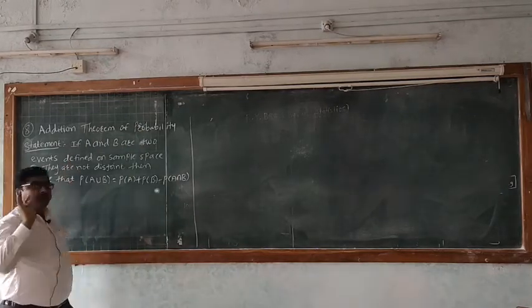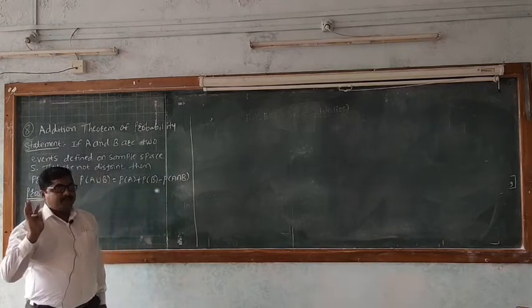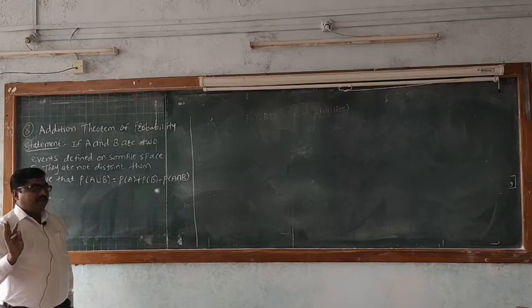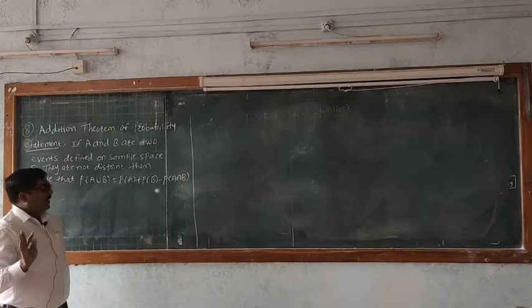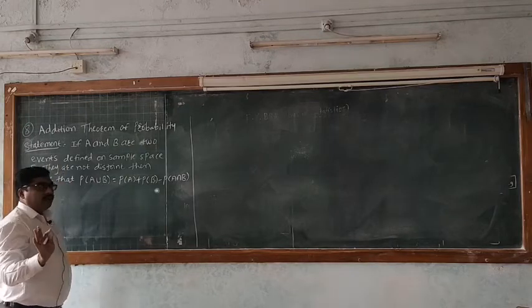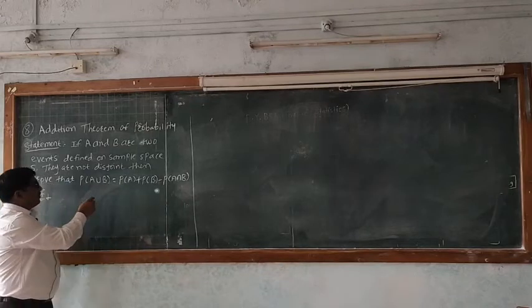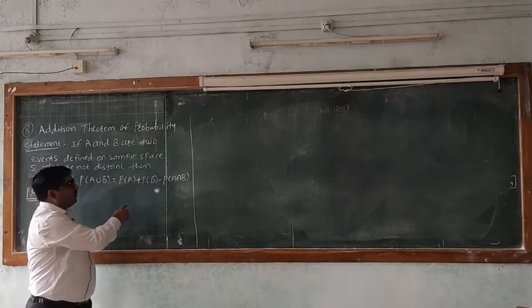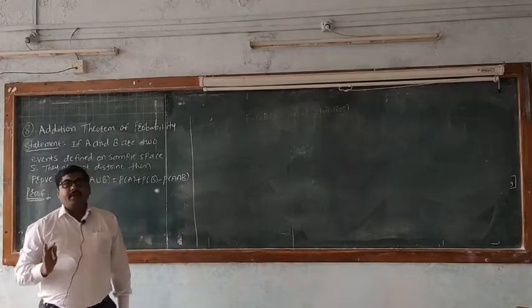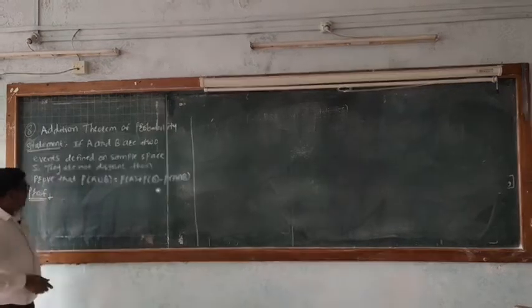A and B are two events defined on sample space S, capital S, or omega. A and B are not disjoint, right? Then prove that probability of A union B equal to P of A plus P of B minus probability of A intersection B.